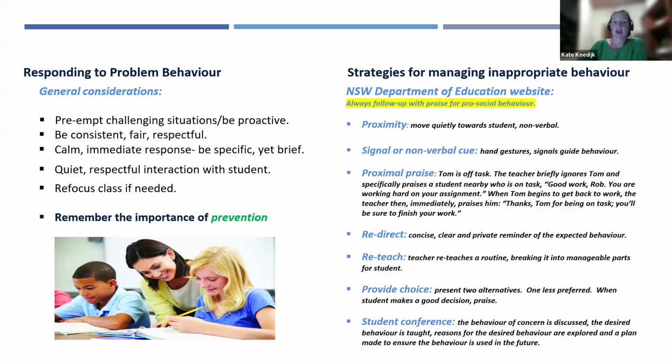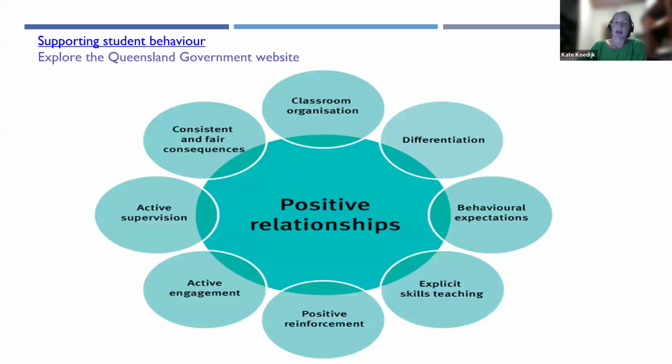So, some strategies in regards to managing behavior. There are many, many to choose from. Positive behavior for learning is a preventative measure. As I said before we started discussing PBL, it's about thinking about the curriculum.